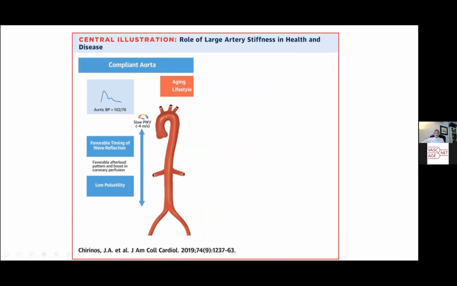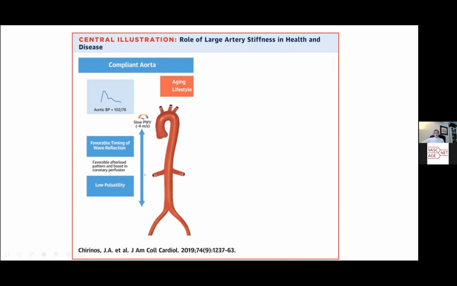So in this beautiful image from Chirinos' paper, if you look at the compliant aorta, which is healthy, you would see a typical aortic pressure, which is quite low, 102/76, and a slow pulse wave velocity throughout the aorta.